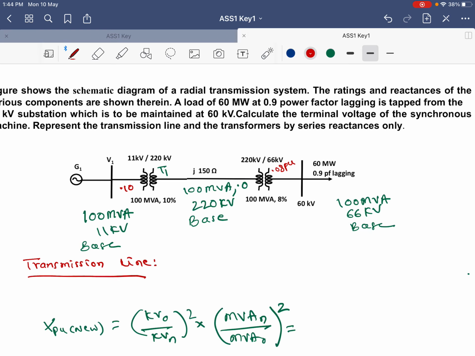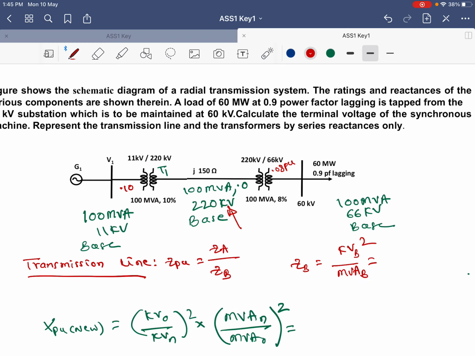In the transmission line, the Z per unit formula is Z actual or X actual divided by Z base. Here, what you have to calculate is the base value of the transmission line. Therefore, ZB is equal to kVB square by MVAB.